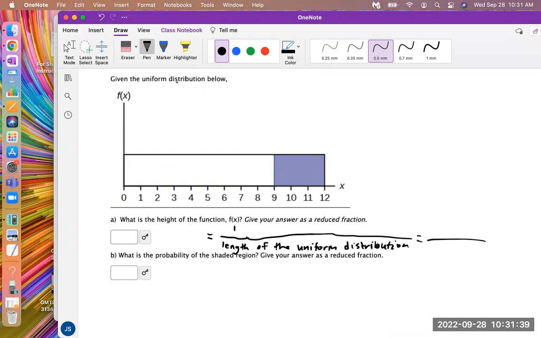So the length of the entire distribution is the length of the entire large rectangle. This is the larger rectangle.